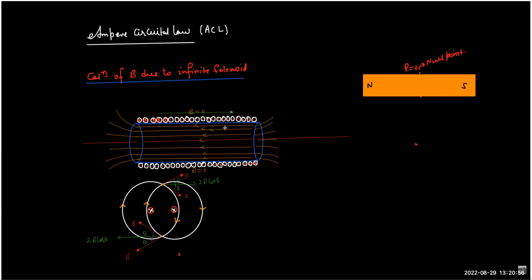And just below it is like this, which means the top layer will create a field right above and left below, which means everywhere it is left, including the bottom also. So just outside the solenoid, the same field direction we can assume here. Okay. So right, left, left. It is clear so far.